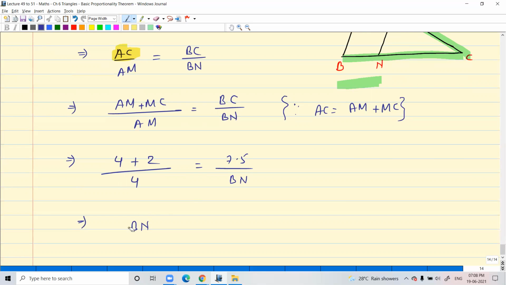So I will directly write the BN value. I hope everyone can do this calculation on your own. So BN is equal to 7.5 into 4 by 6. Tell me, everyone is okay with this? Yes, sir.